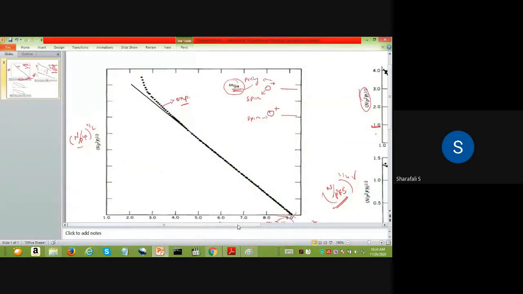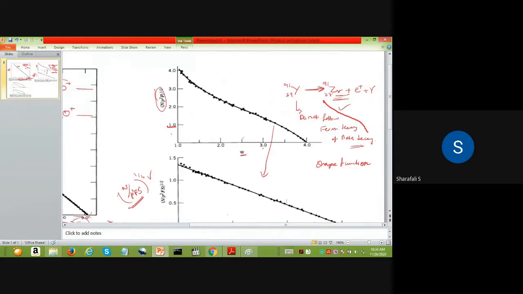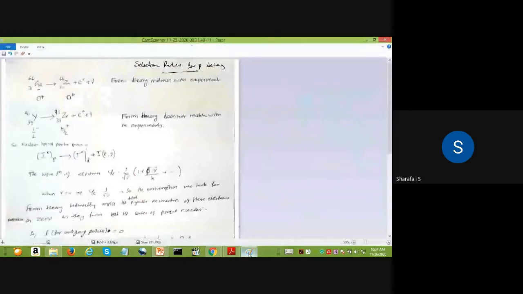And then we have also seen the yttrium which is decaying into zirconium; that is the second reaction that we consider here. So in the first reaction we do not have any problem, because 0 plus is the parent nucleus spin and parity, and 0 plus is the daughter nucleus spin and parity, and this is allowed by Fermi theory of beta decay.